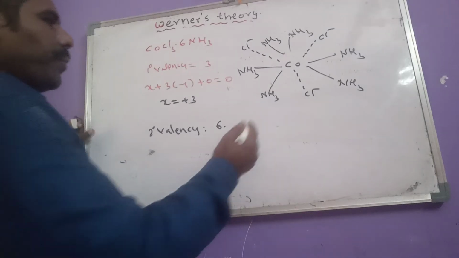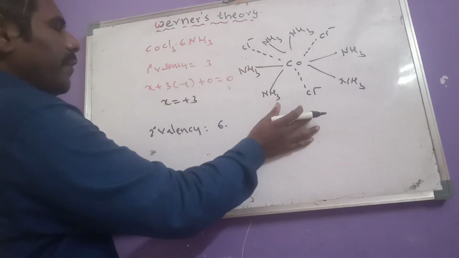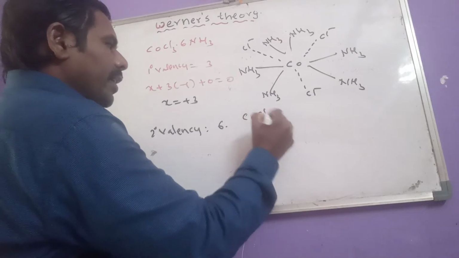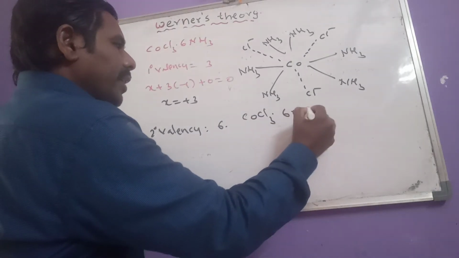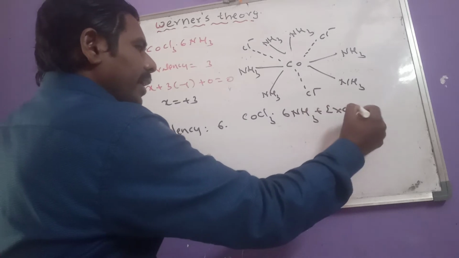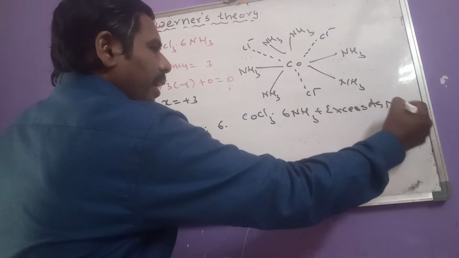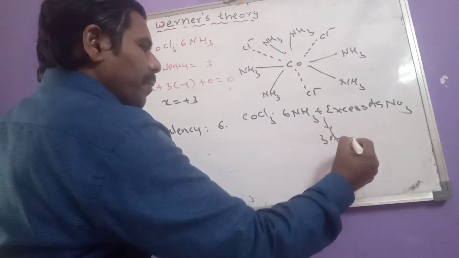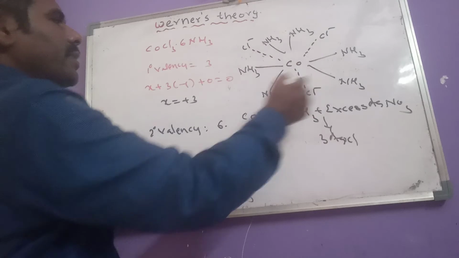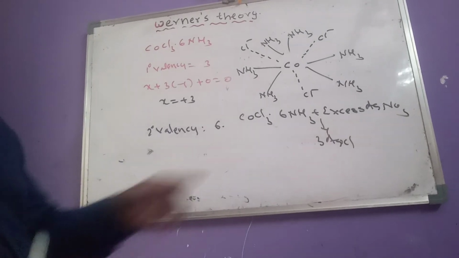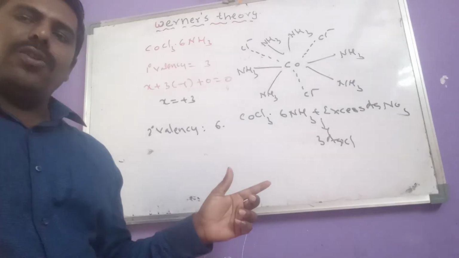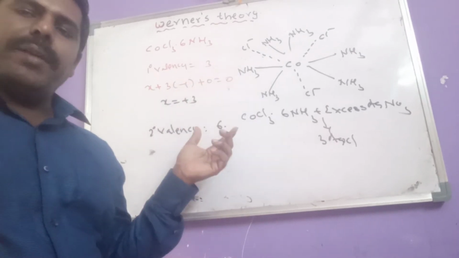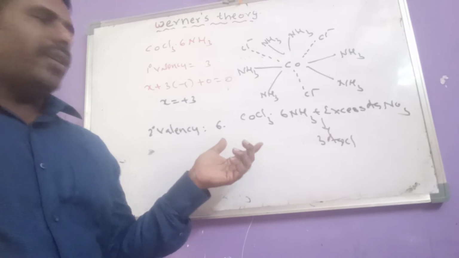So now, whenever CoCl3·6NH3 is treated with excess of silver nitrate, what can we get here? 3AgCl precipitates, because 3 Cl minus ions are bonded with primary valency only. Now this is white in color.